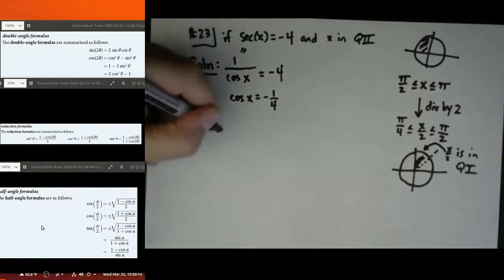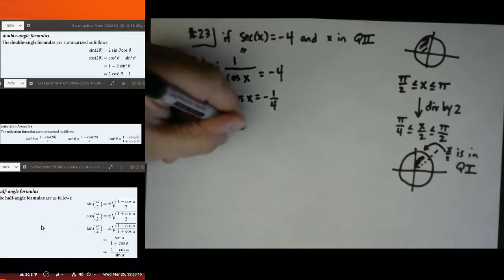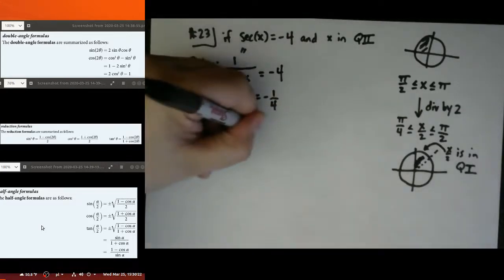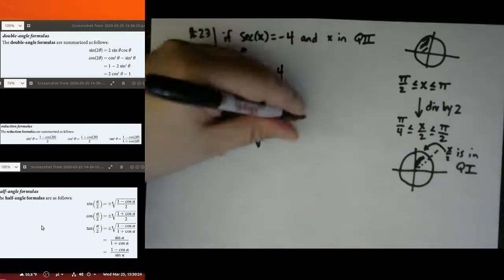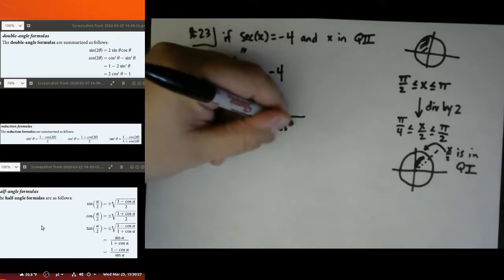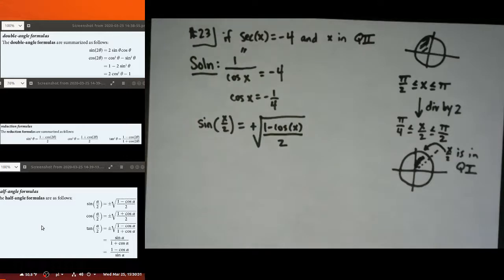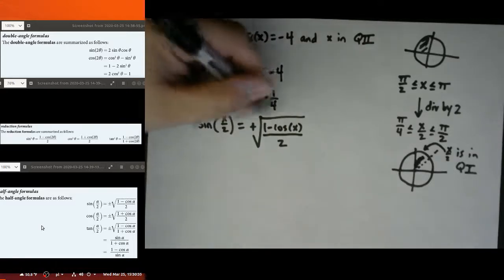Sine of x over 2. Now x over 2 is in quadrant 1. Therefore, I get the positive square root of 1 minus cosine x all over 2. Well, 1 minus cosine x, well, cosine x is negative 1/4.